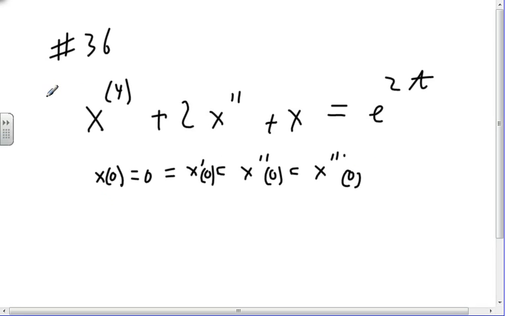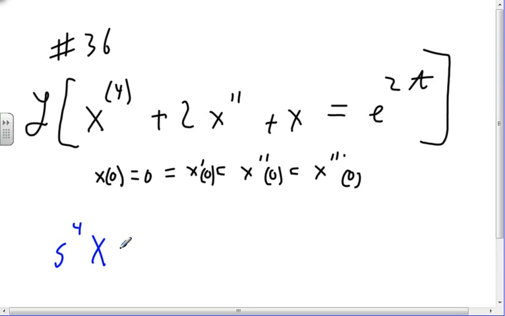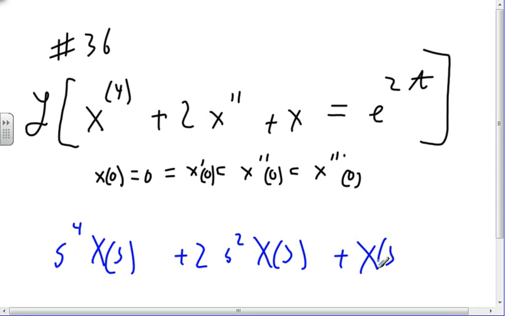Okay, so I take the Laplace transform of everything. S to the 4th x of s, 2 s squared x of s, x of s, 1 over s minus 2 from number 7.